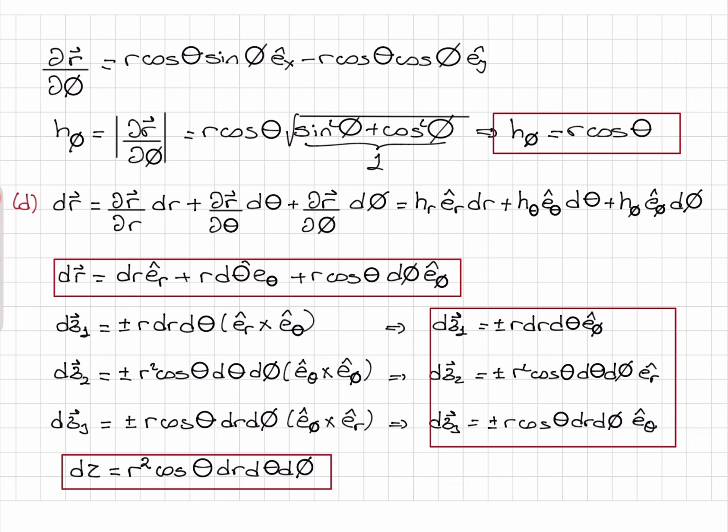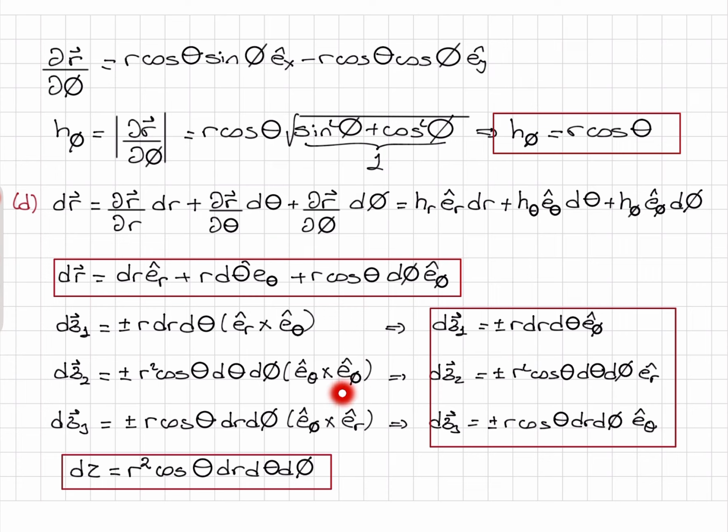For the area vectors, the area vector defined by er hat and e theta hat is perpendicular to both of these unit vectors, so we have to calculate hr dr, h theta d theta.